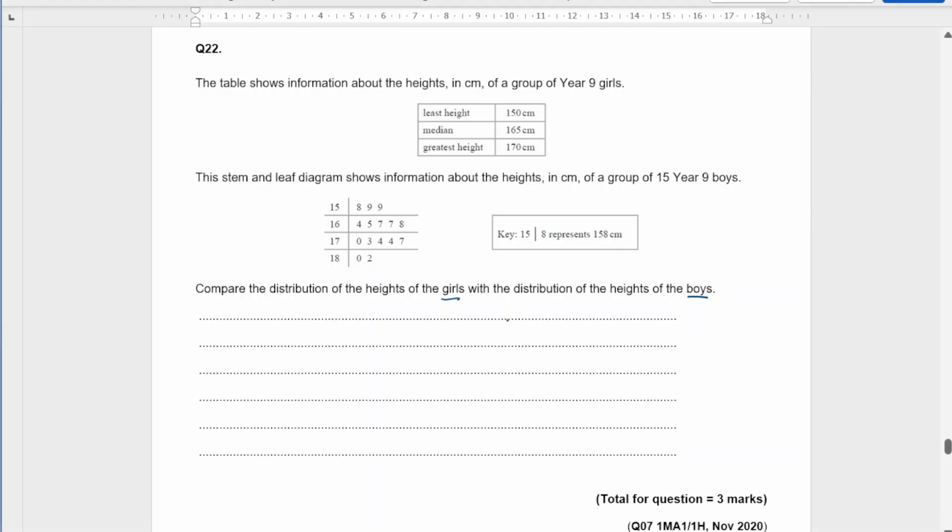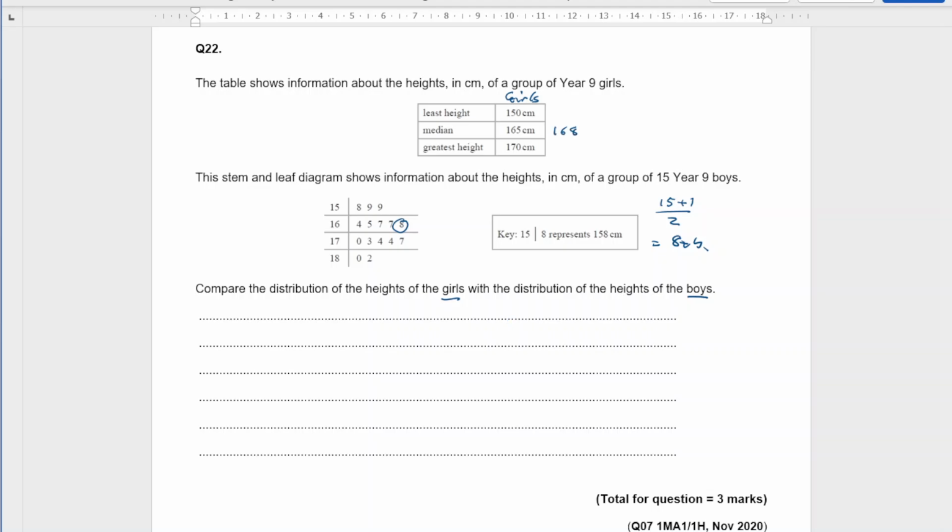Right, so I would look for the median of this. We've got a group of 15, so the median would be 15 plus 1 divided by 2, so we're looking for the 8th value. 1, 2, 3, 4, 5, 6, 7, 8. So if that's girls, the median for boys would be 168.